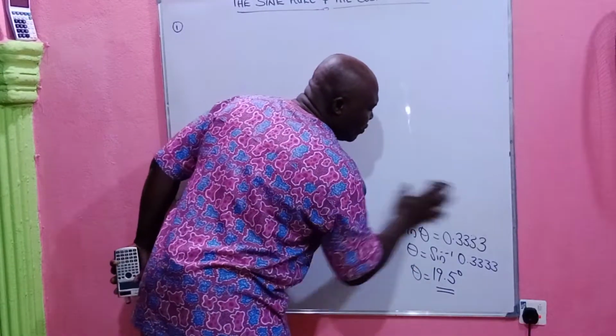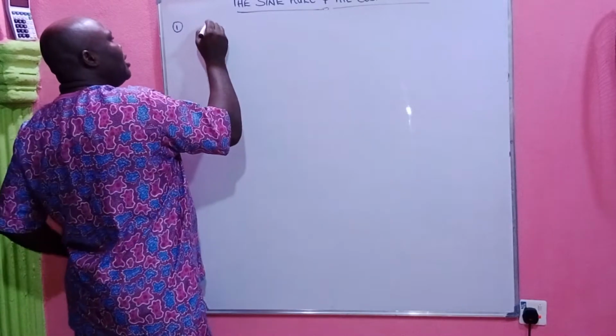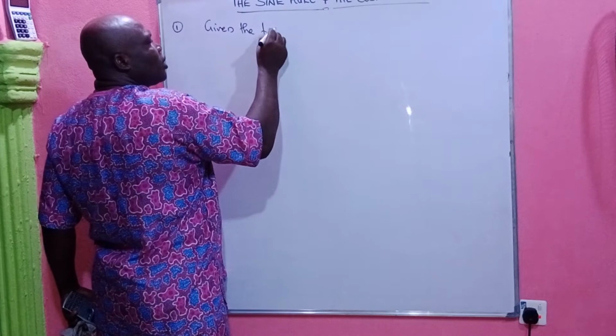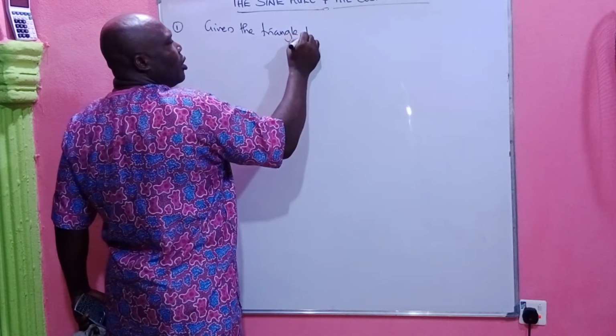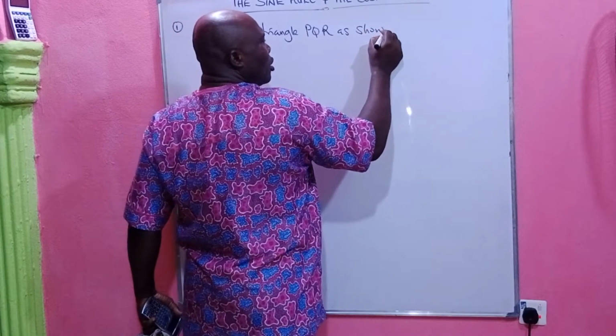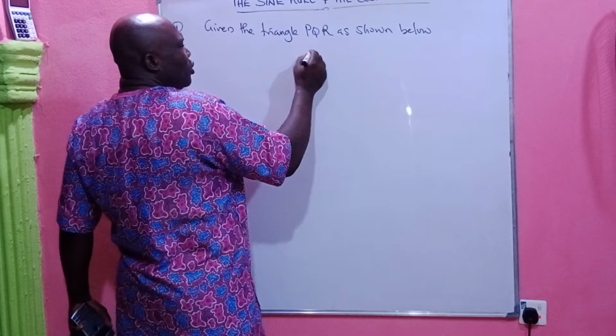Okay, now let's say we've been given a triangle that is defined in terms of PQR. Given the triangle PQR as shown below. So this is another triangle.